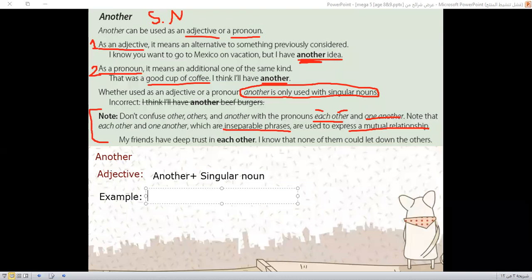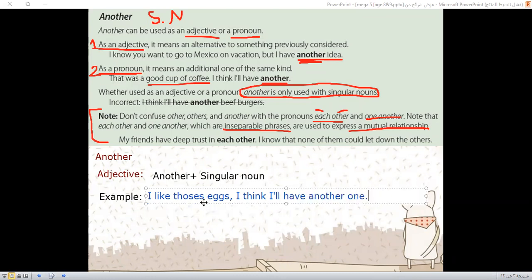I like the eggs. I think I will have another one. Okay, thank you so much, Yaqeen. So here, I like those eggs. I think I will have another one.